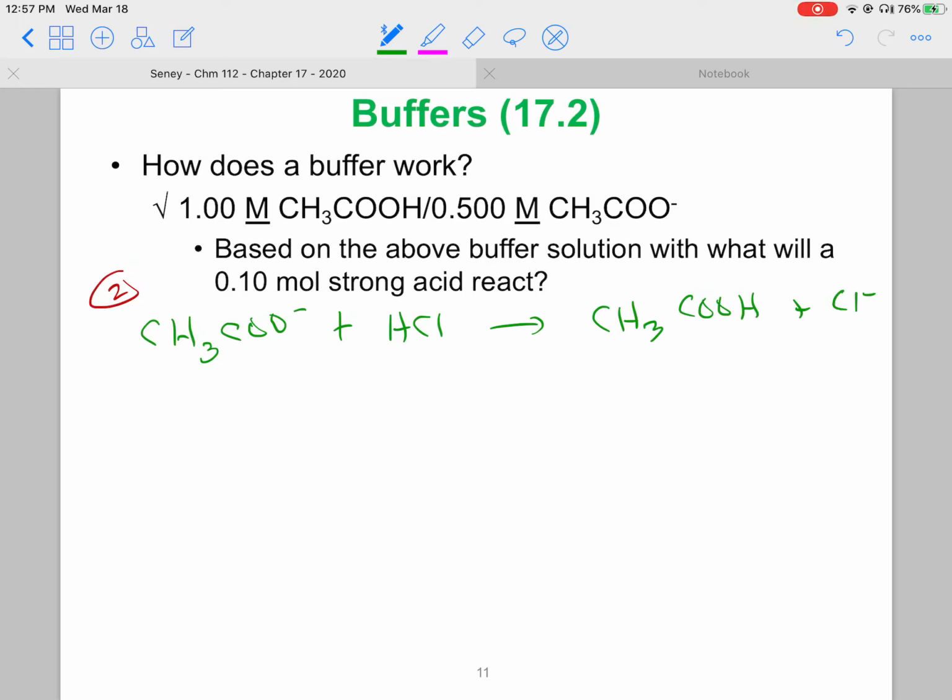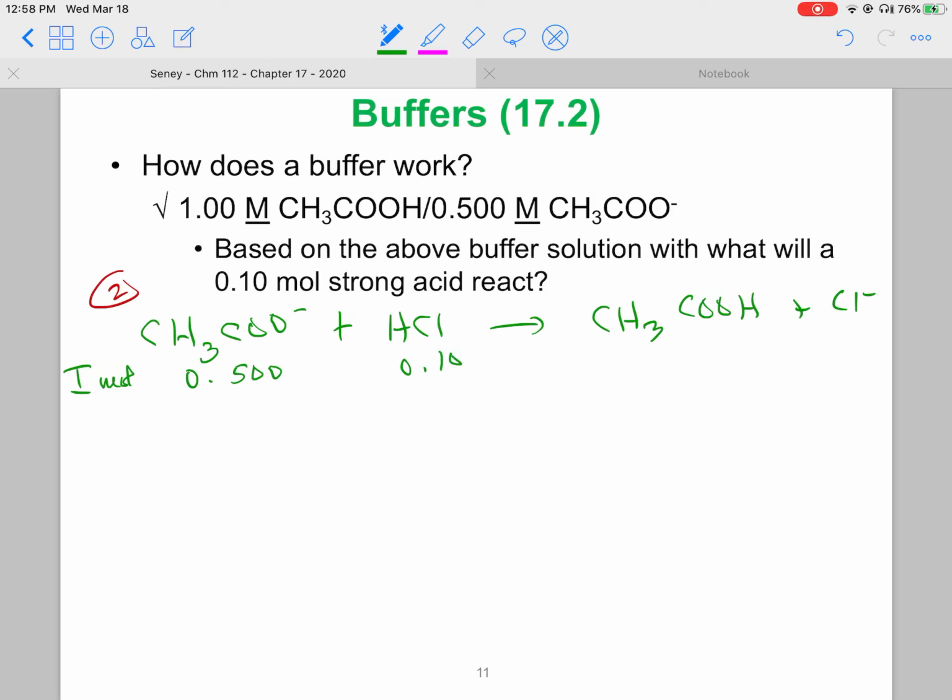So initially, this is the initial number of moles we're starting with. For the acetate we started with, if you go back to that first problem from the in-class, I believe your second in-class problem on your sheet, we're using the previous information, so we have 0.5 moles of this to start with in 1 liter, and here we have 0.1 mole of this strong acid.